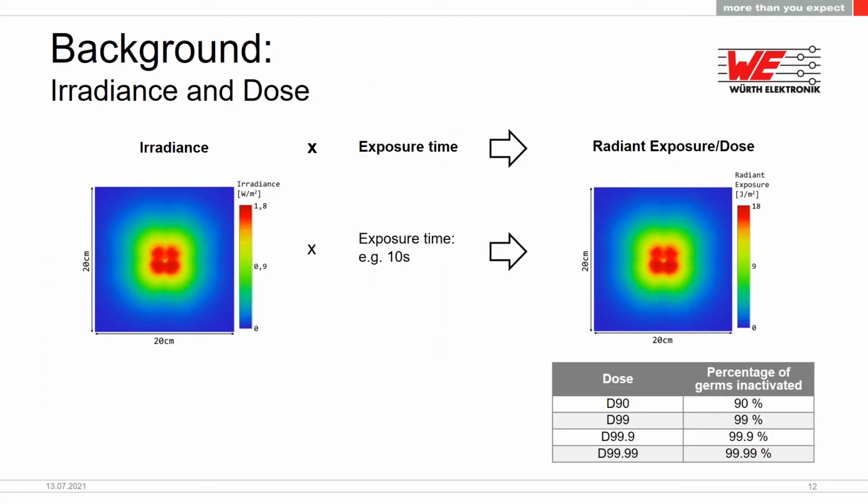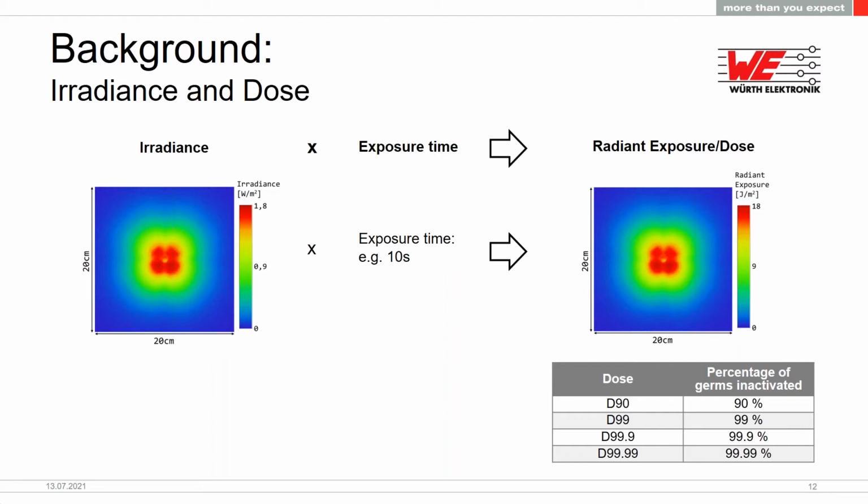Now for disinfection, not only this irradiance is important, but also the time you apply this irradiance on your surface. So what's really important for disinfection is the radiant exposure, or dose, in the end.